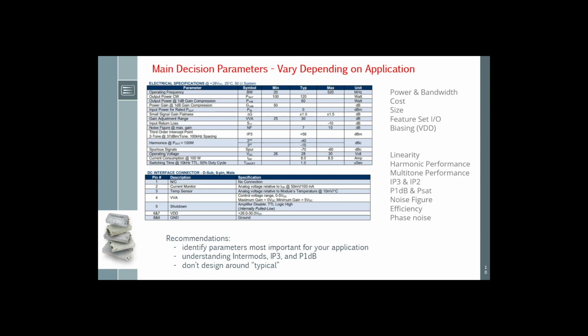Second, it's very important to know that some of these parameters, although they are specified, don't mean too much. For example, intermodulation and IP3. You have to be very careful with these two measurements because in a Class AB amplifier, intermodulation has a variation that's not going to be linear with respect to the output power.